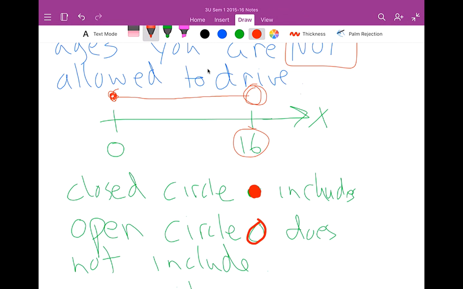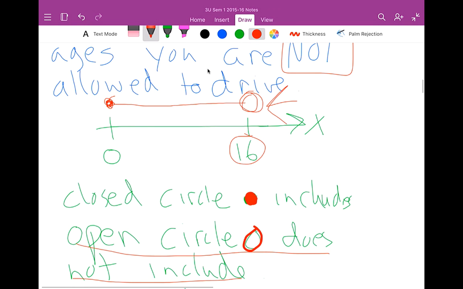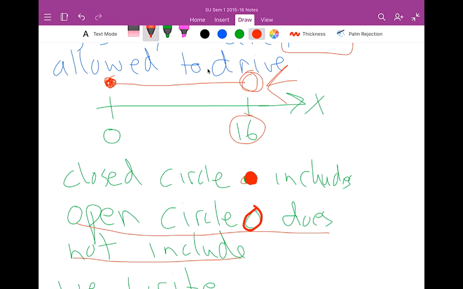An open circle means the number is not included in the set, but a closed circle does include the value. So you're allowed to be 0 years old in this solution set. Remember, this solution set is the ages where you cannot drive. At 16, it's an open circle because you can't include 16. At 16, you can drive.